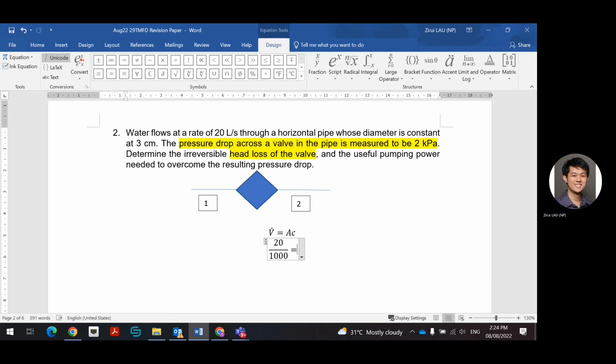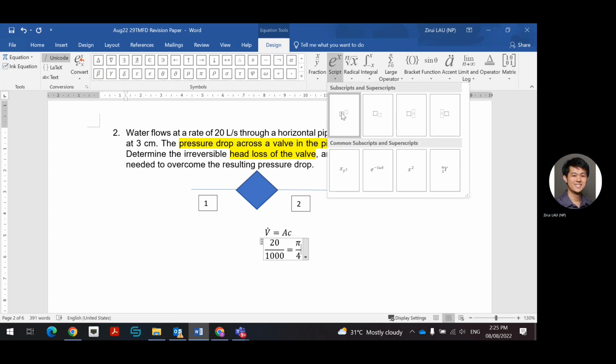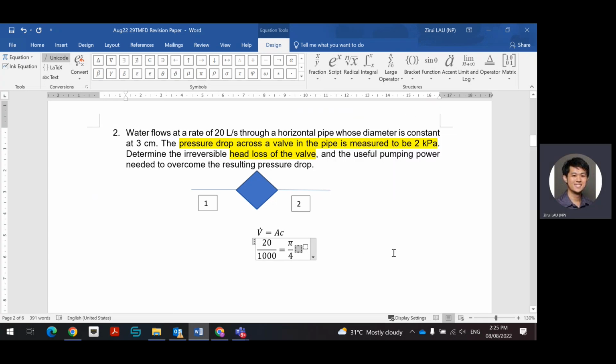Then we have our area, which we can find by using pi over 4 times d squared. For d squared, the diameter is 3 cm, correct? So again, you must change it to SI unit, which is 3 over 100, squared.